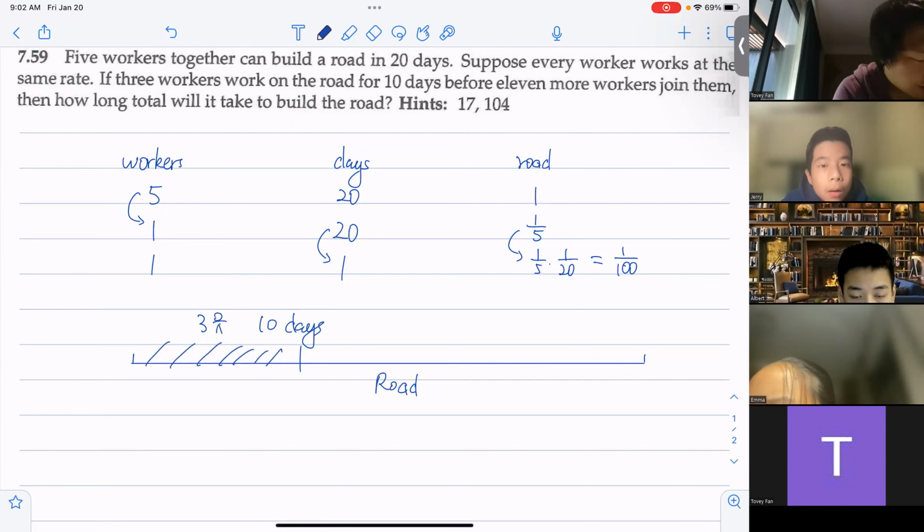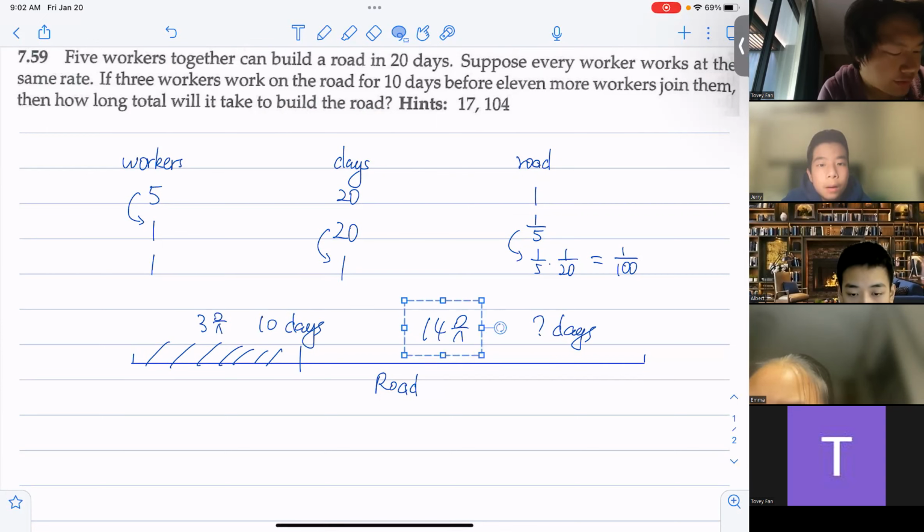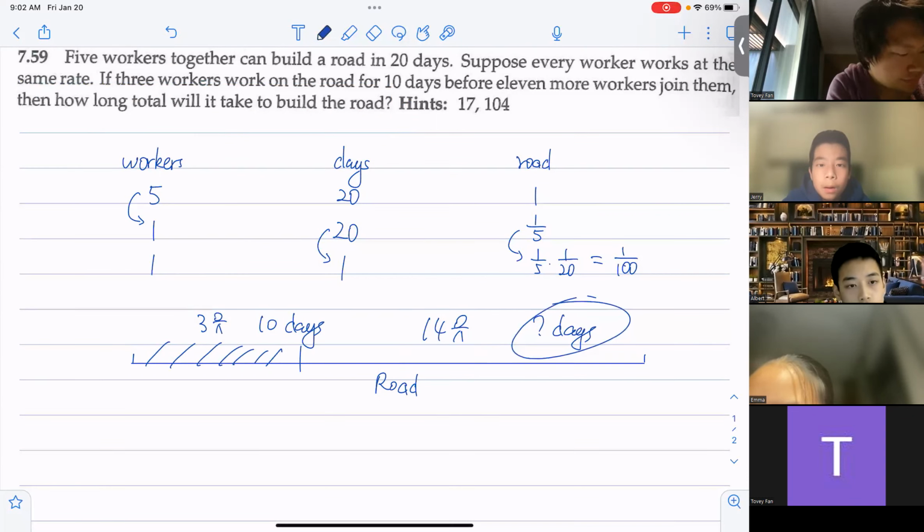And for the remaining part, you have 11 more workers. That means you have 14 workers and you don't know how many days, right? For the remaining amount of work, you just need to figure out how many days it takes to build the road. The question is also asking for this answer. Okay, so, does that make sense to you guys?